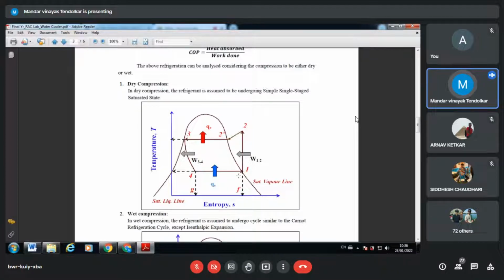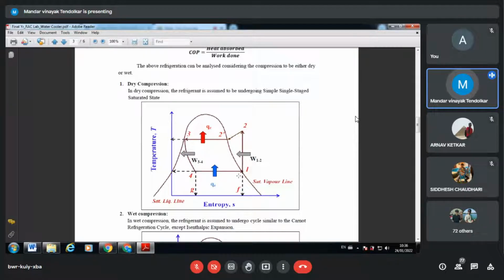I will be measuring the temperatures of the water part, not the refrigerant part. I'm talking only about our setup. There is no scope of measuring the temperature of the refrigerant circuit. What we are measuring is only water temperature in and water temperature out.